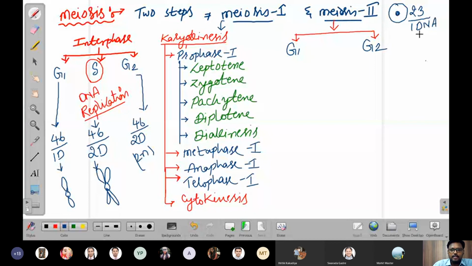Now here, what is lacking? The S phase is not there because the DNA only replicates one time.